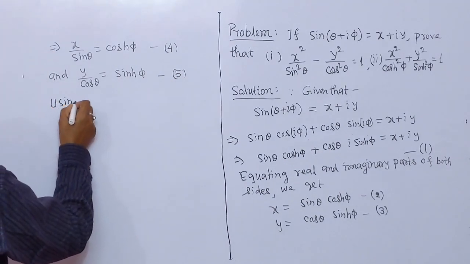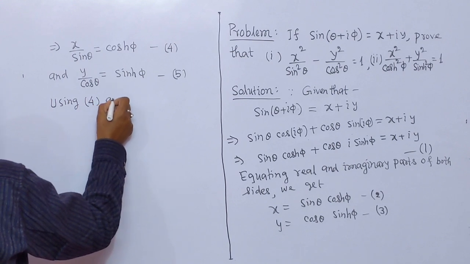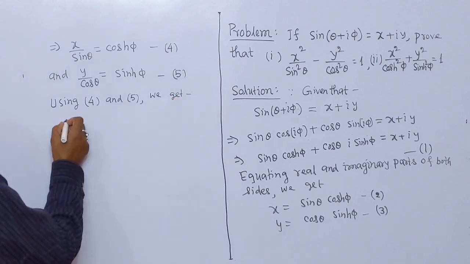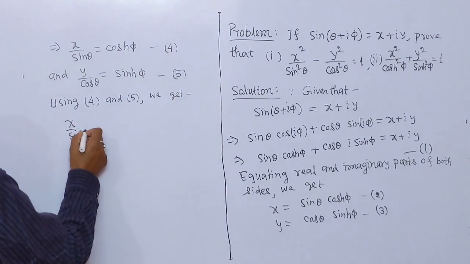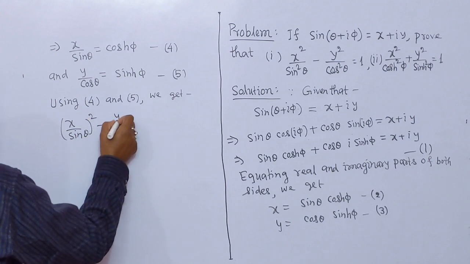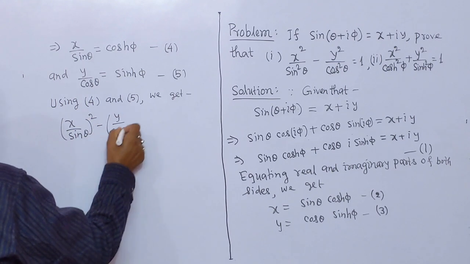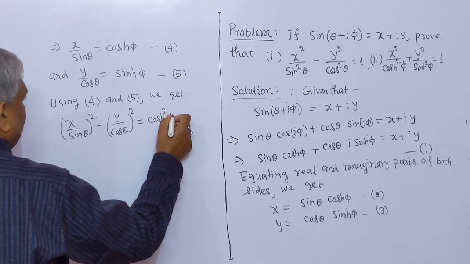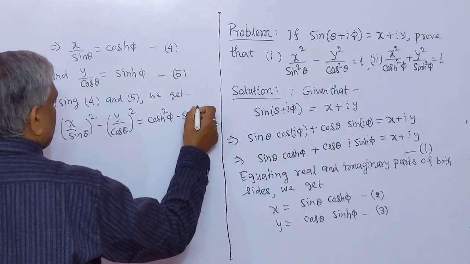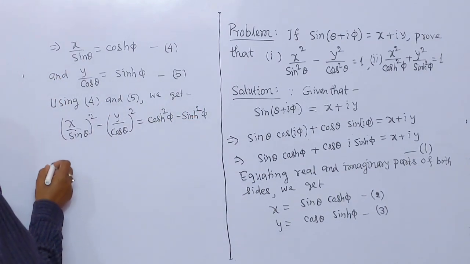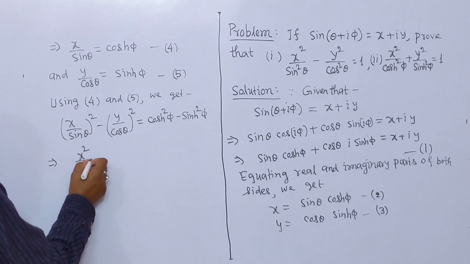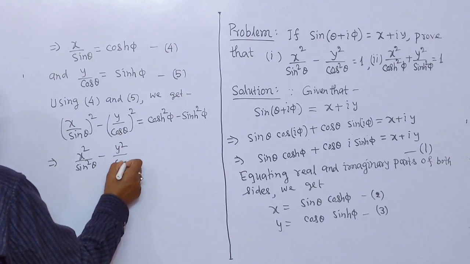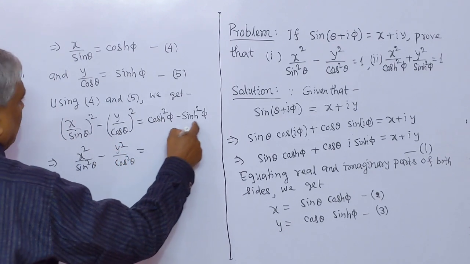Using 4 and 5, we get (x by sin theta) whole squared minus (y by cos theta) whole squared equals cosh squared phi minus sinh squared phi, which implies x squared by sin squared theta minus y squared by cos squared theta, and the value of this is 1.